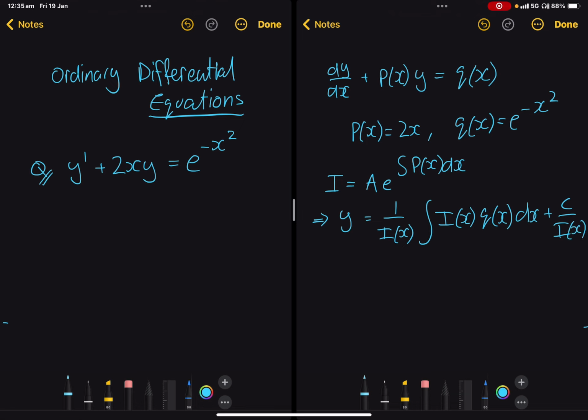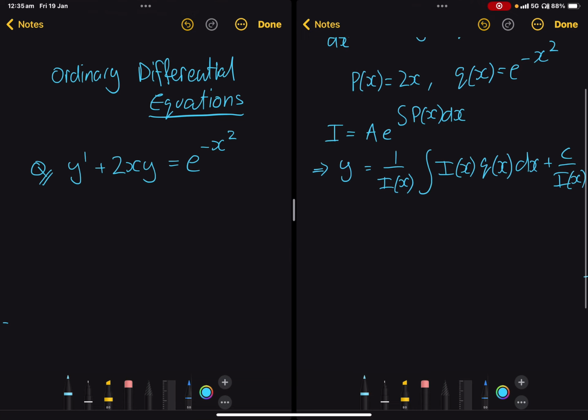So this will be the solution form for this type of equation. We use the fact that there's a p of x and a q of x to find the integrating factor, put it into our solution formula, and this will give us our solution.